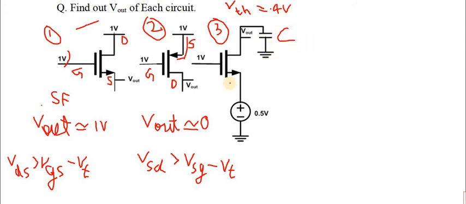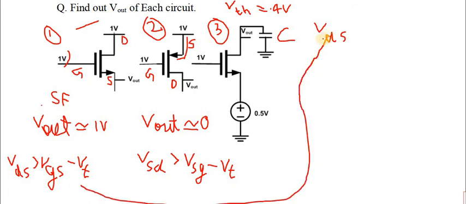So here I am assuming the saturation condition. So VDS should be as I have written here, I am not writing it again. I am assuming that this amplifier is driven in saturation. So for the saturation case, I am calculating V out.